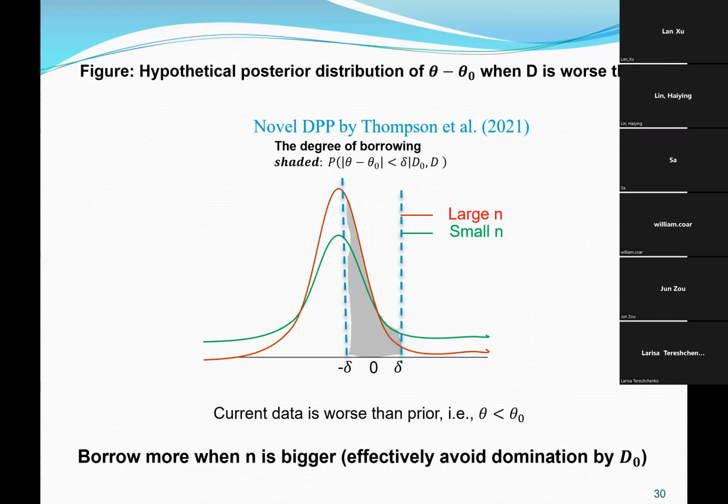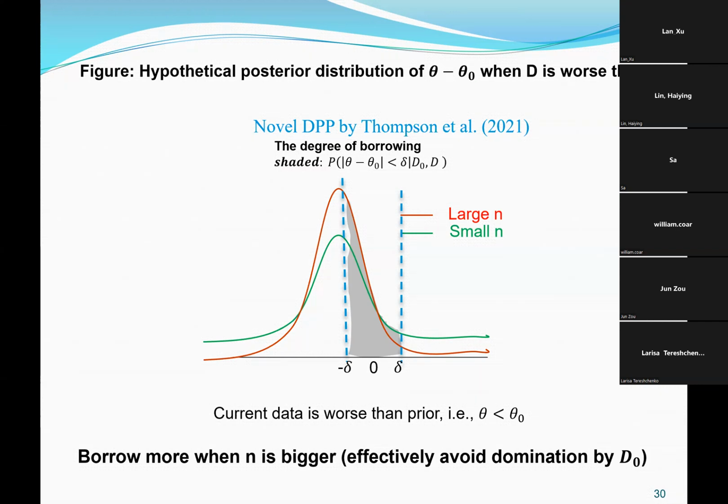For our methodology, because of the delta introduction, we only allow borrowing when the observed mean difference is within the region, and also the posterior probability of the whole region between minus delta and delta will be multiplied by the alpha max. So the final degree of borrowing will be somewhere between 0 and alpha max, depending on the posterior probability of such similarity falling within the delta.